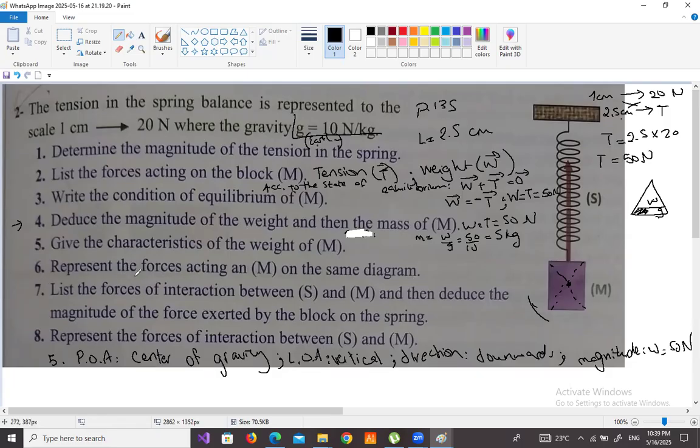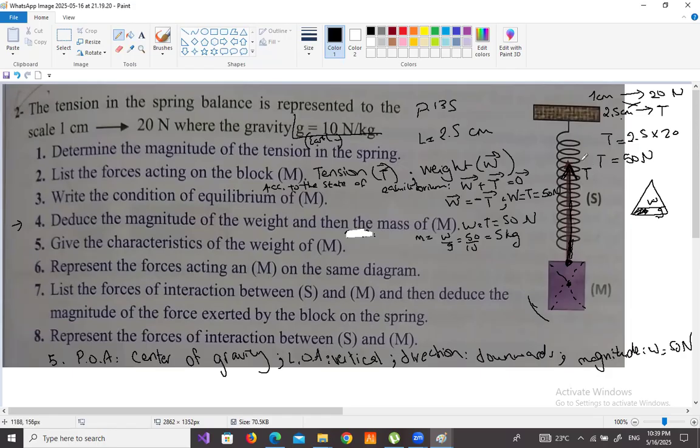Now represent the forces acting on the same diagram. The tension is already represented, from the point of contact between the spring and the body. The tension force is always along the spring or the rope, vertical as in here.